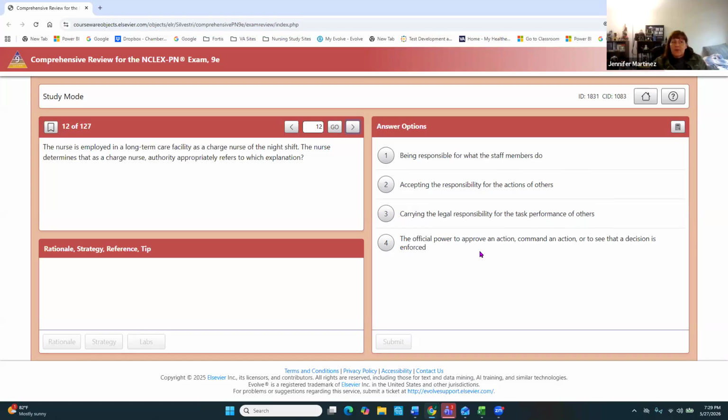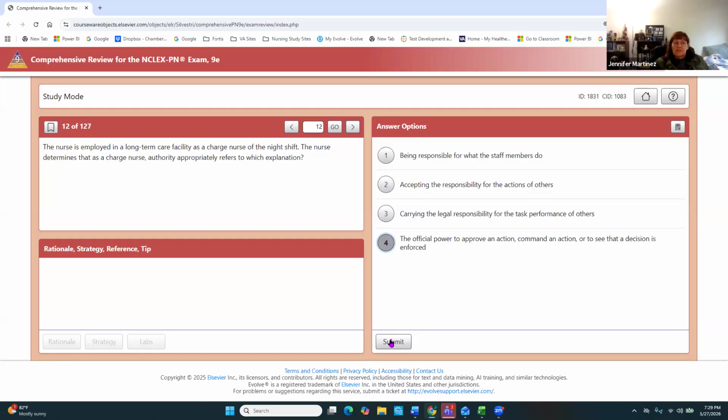Or 4, the official power to approve an action, command an action, or see that a decision is enforced. This is a good question. If you are the charge nurse overnights, how would you define or explain the authority? I will say 4, but I'm not sure. Okay, I think the majority here are saying 4.